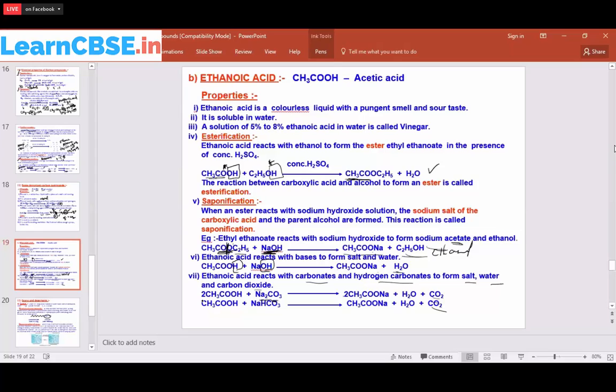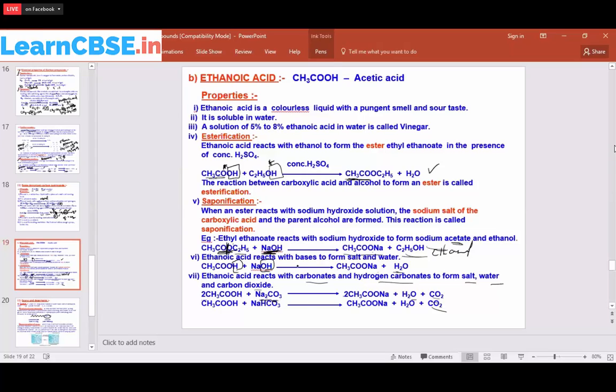Here the two molecules will give two hydrogen atoms, and one more oxygen is left out because out of CO3 we get only CO2. That oxygen combines with the H2 and forms water. Again the product is sodium acetate plus water plus carbon dioxide.